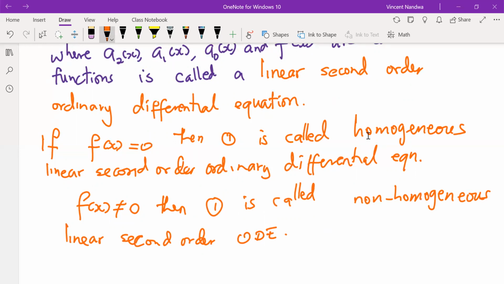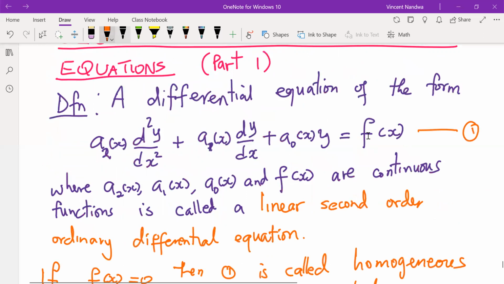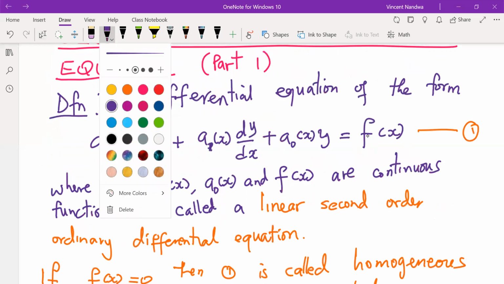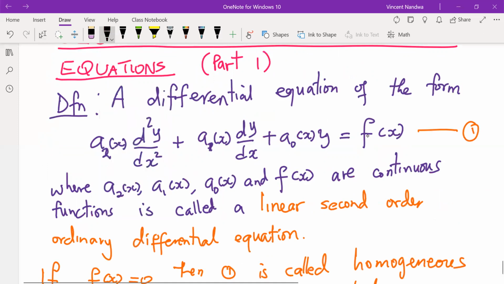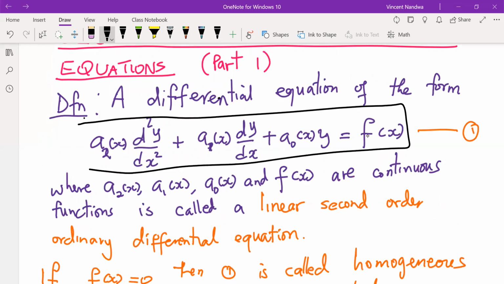So that's how we define a second-order differential equation. So this is the main equation.